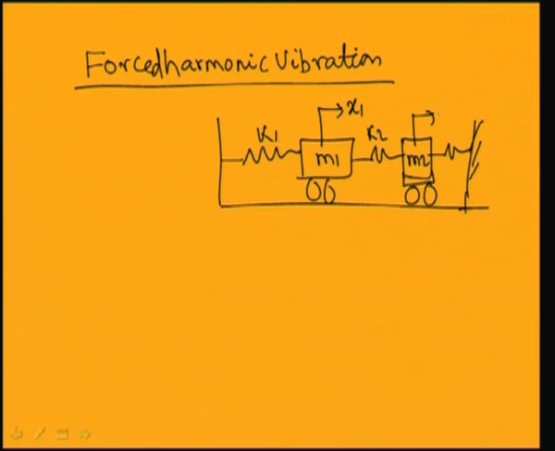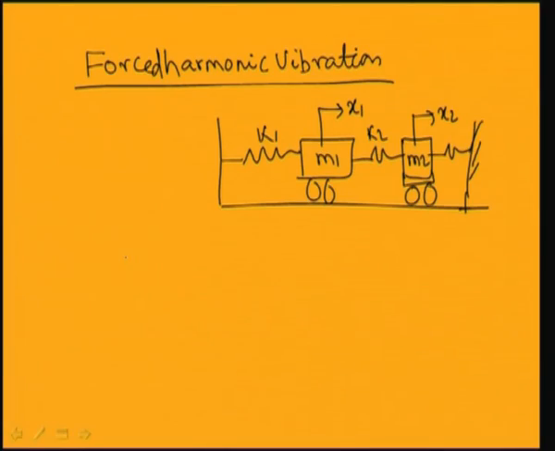So these x1 and x2 are the generalized coordinates of the system. So in this case, you know that the equation of motion is equal to m1 0 0 m2. So for free vibration case, you have already studied this equation of motion.